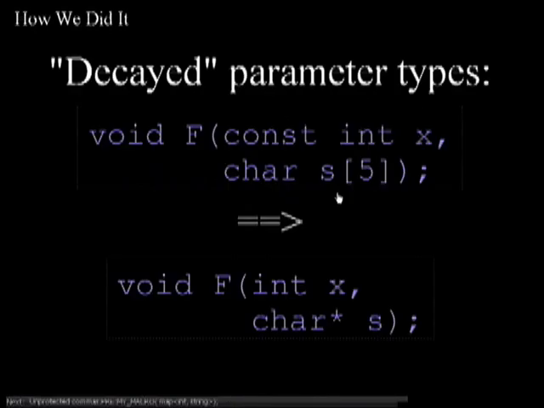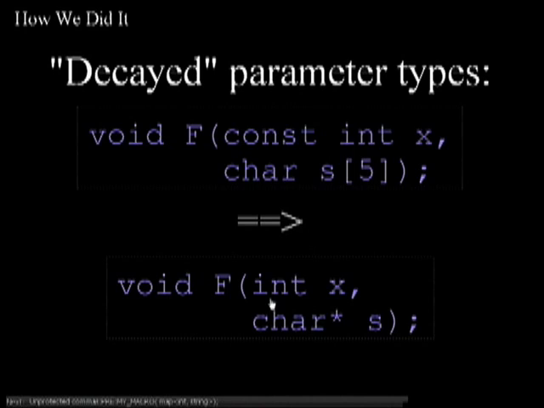Another thing is that in a function declaration, a type may not be what it looks like. So we have a function f. It takes two parameters. The first is a const int. The second is char array of 5 elements. To the compiler, this signature actually means something not exactly like what we have seen.